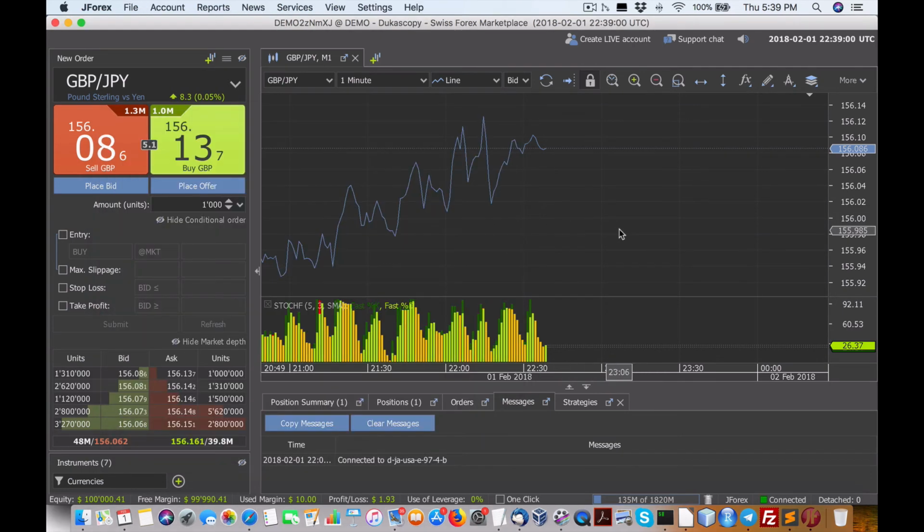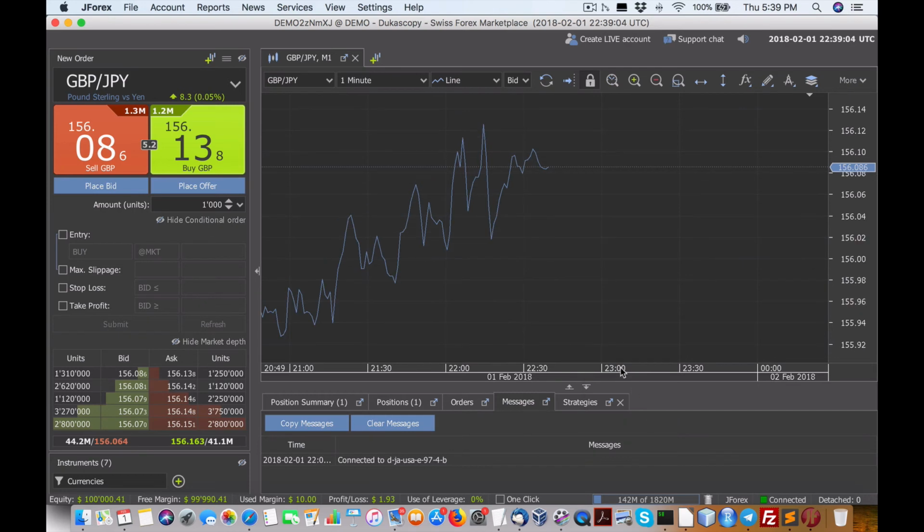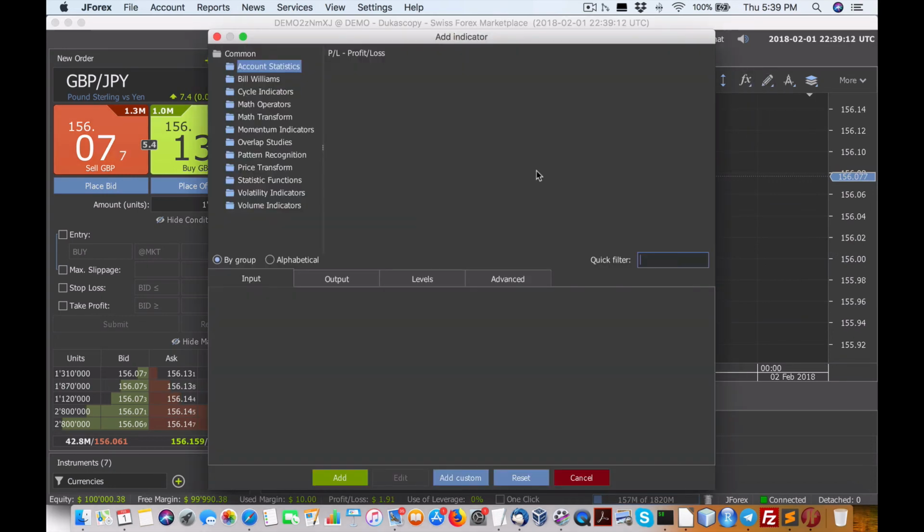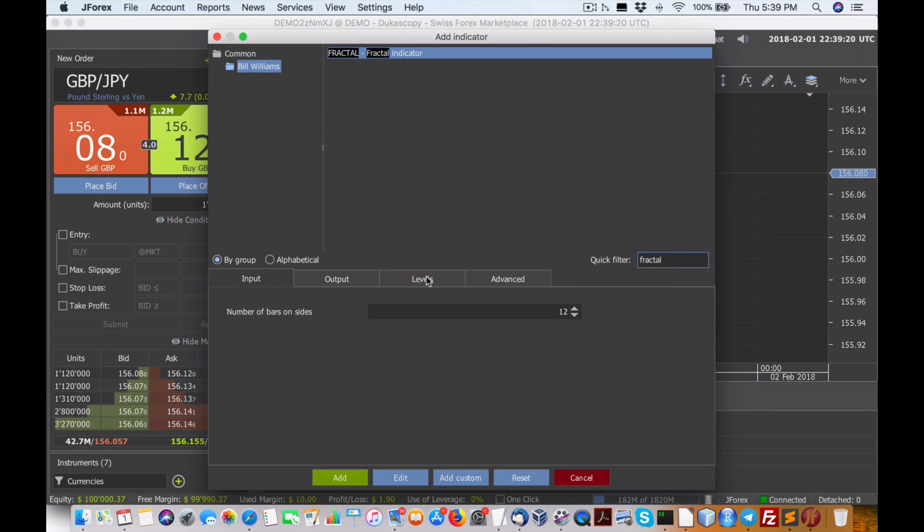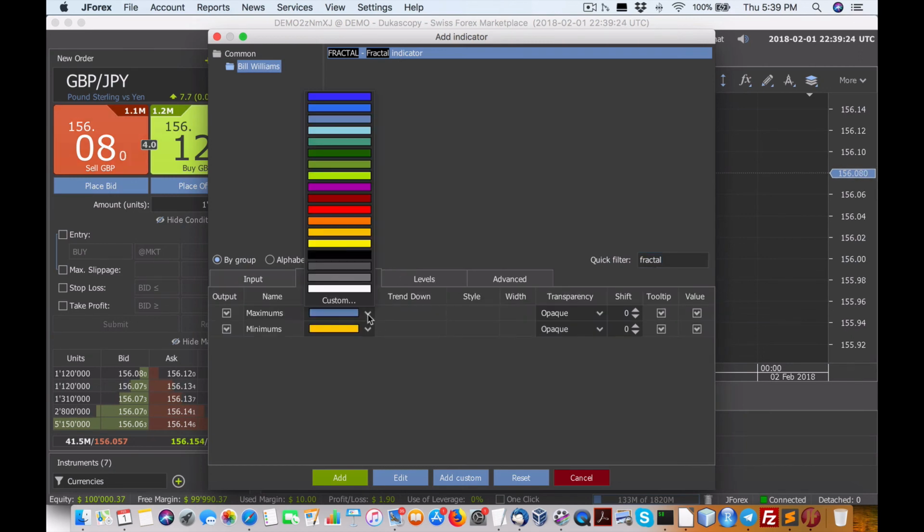Okay, some other ones that people have been asking me about as indicators, which is really good to try out, one of them was fractal. Now I don't know how this works, but I'm just going based on the visual.